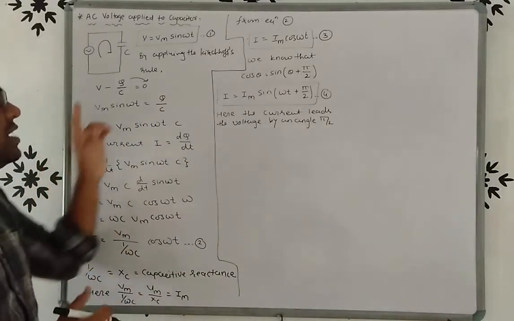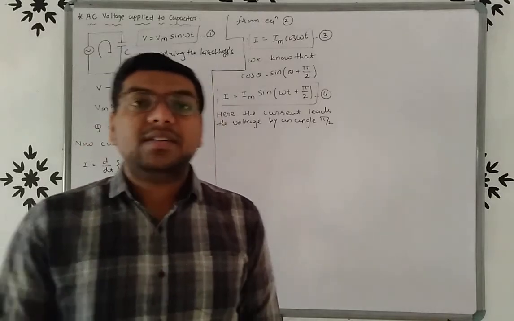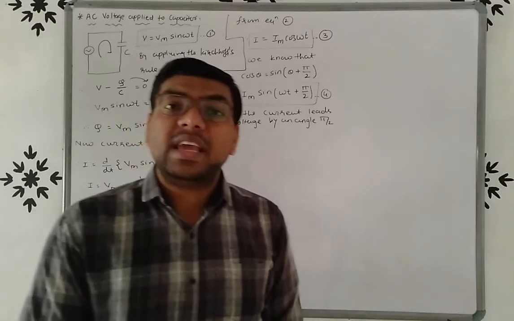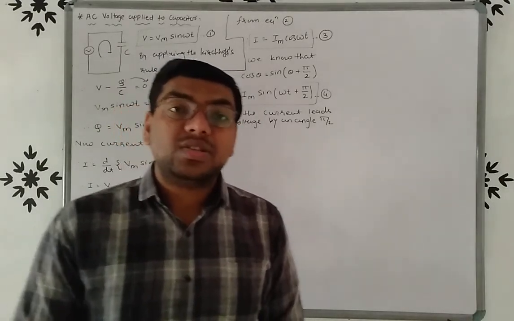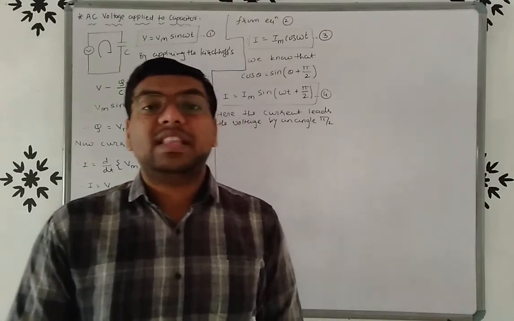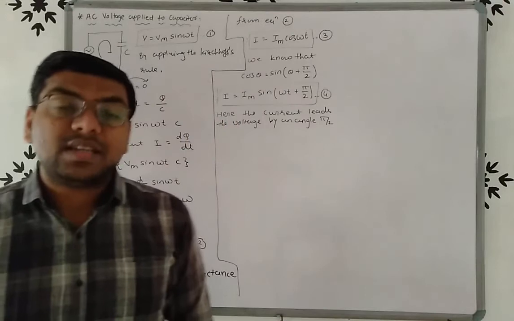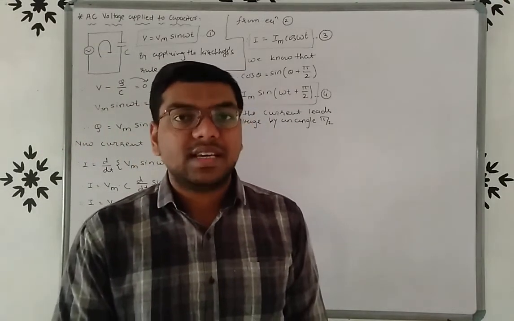Once again we know that V is equals to Vm sin omega t, right? The current is limited by the capacitor, but the capacitor does not completely prevent the flow of charge, right? So the capacitor is alternately charged and discharged.